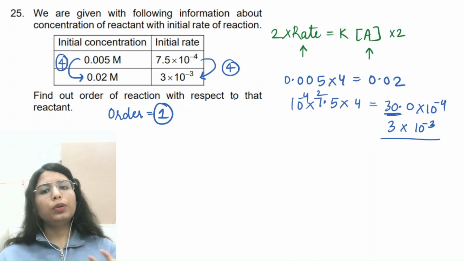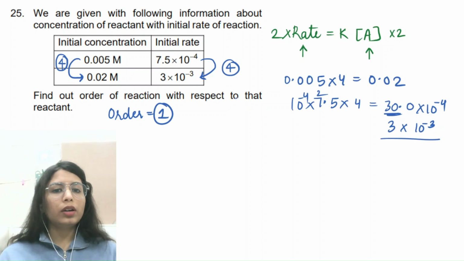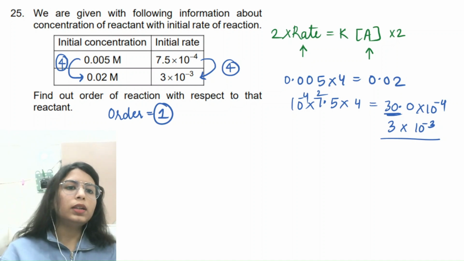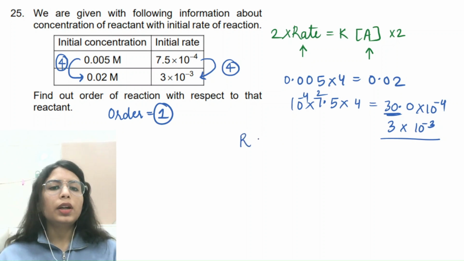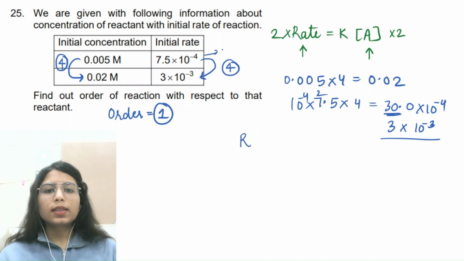If you don't want to use this shortcut or you have not understood this, then you can go by the long method. Let me just write the long method here also, that here you have to take the ratios. So let us say this is R1 and this is R2.